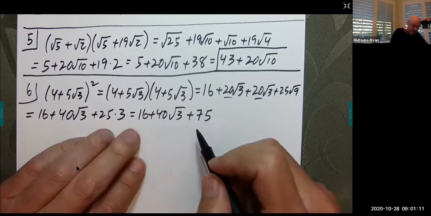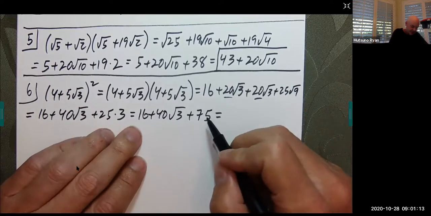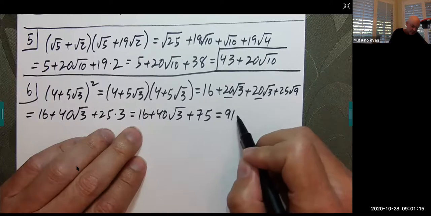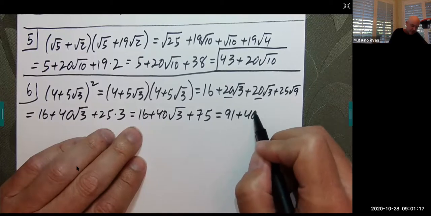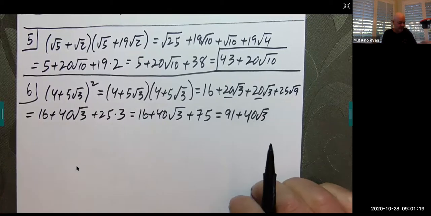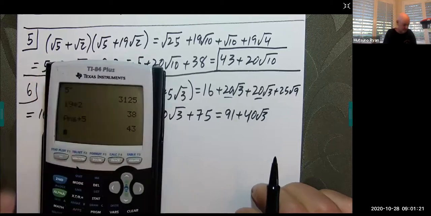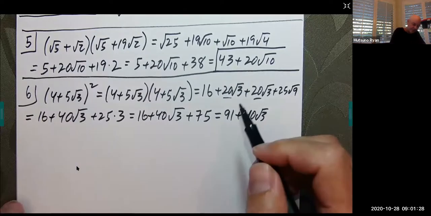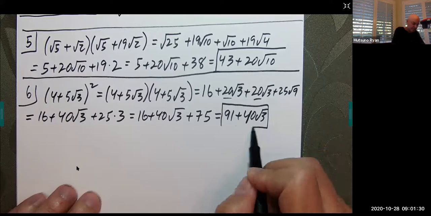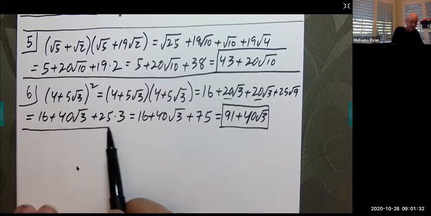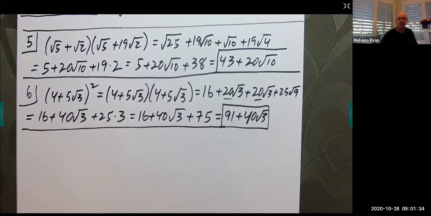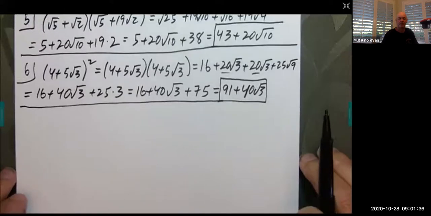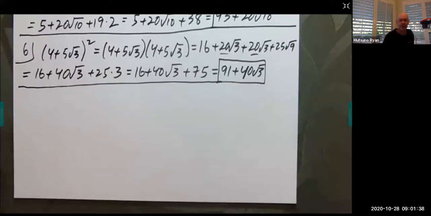And 16 plus 75, that's going to give me 91 plus 40 root 3. Let's verify that. There it is. And that is number 6.